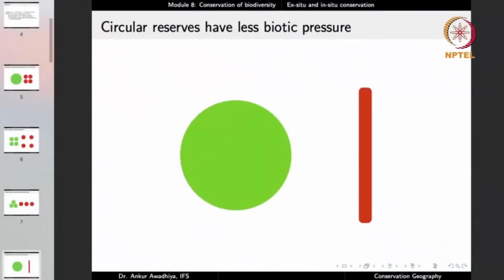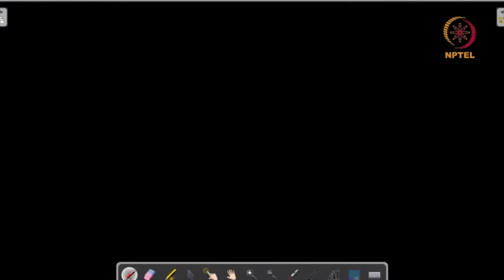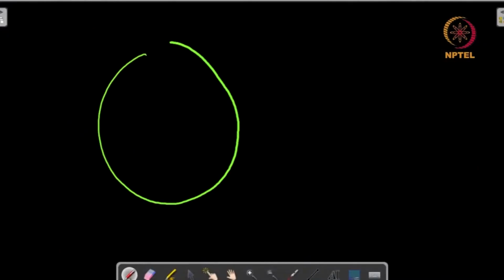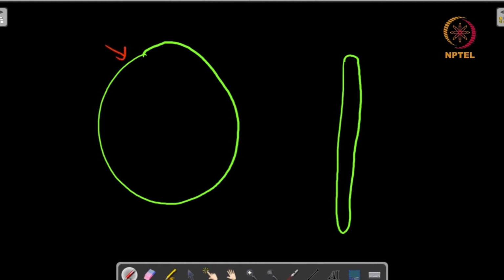Another thing is that we should always prefer to have circular reserves because they have less biotic pressure. What does that mean? If we consider a reserve that is of this shape versus a reserve that is, say, of a linear shape. Now in both the cases the threats are coming from outside.